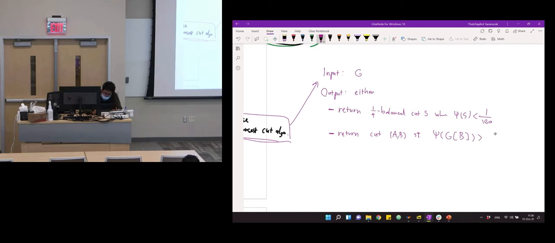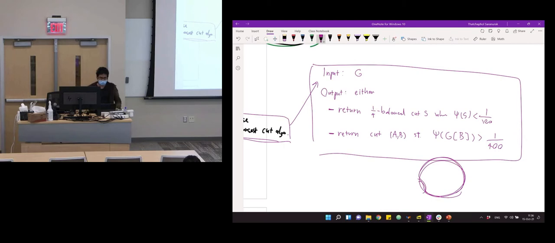In class we argued that we get some cuts where the B side is already an expander, but this kind of subroutine is going to be too hard, because if we have this subroutine, we can use it to approximate the expansion of a graph up to a constant.